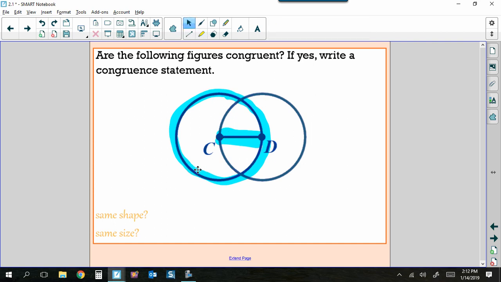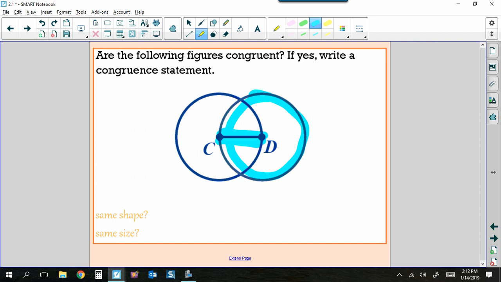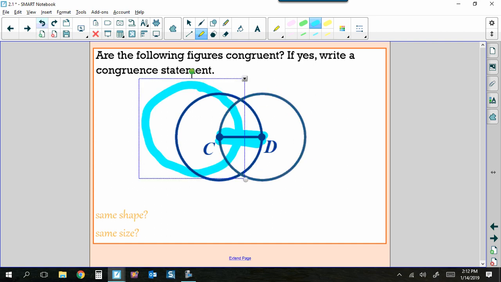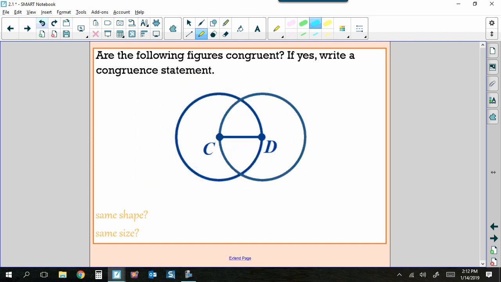And then if I am looking at circle D, we would say that CD is also a radius. So if I'm dealing with two circles, they have the same shape, check. Are they the same size? There's no numbers here.